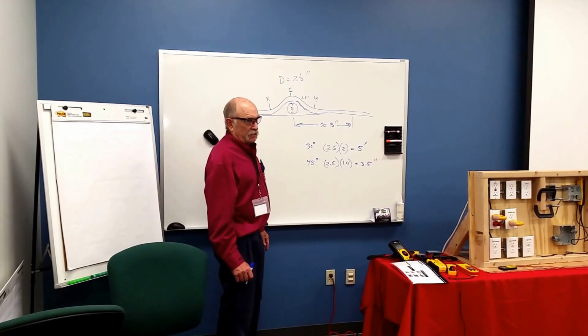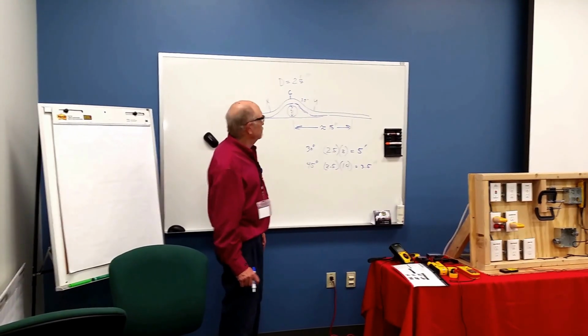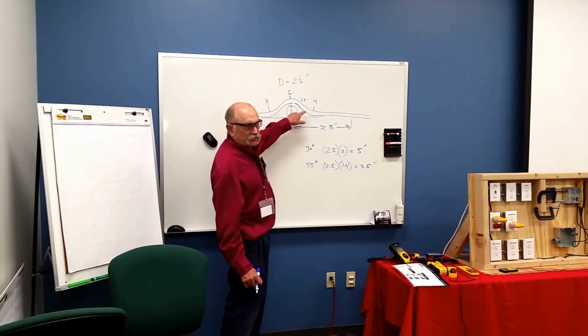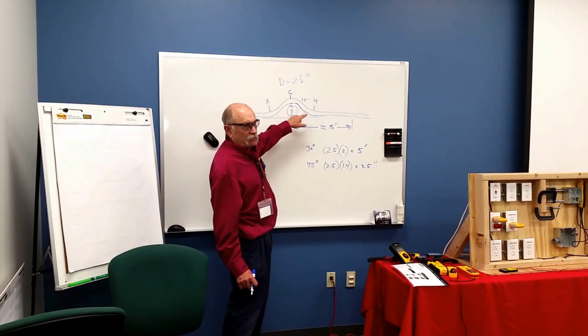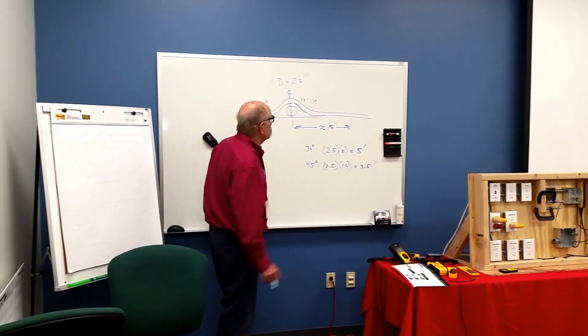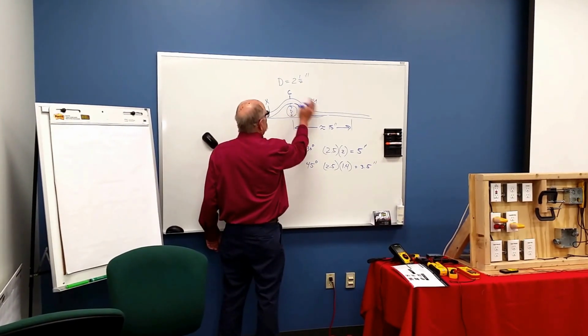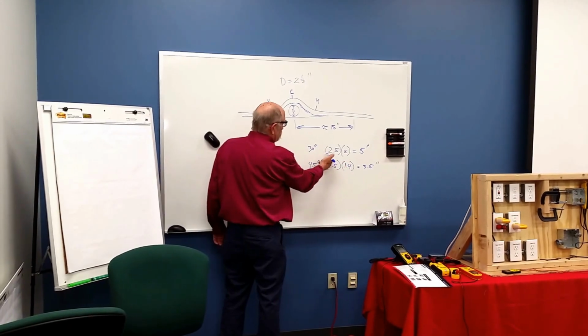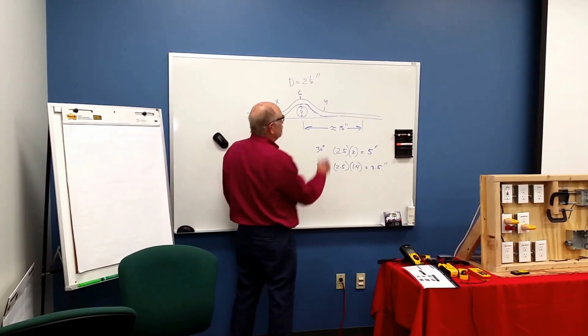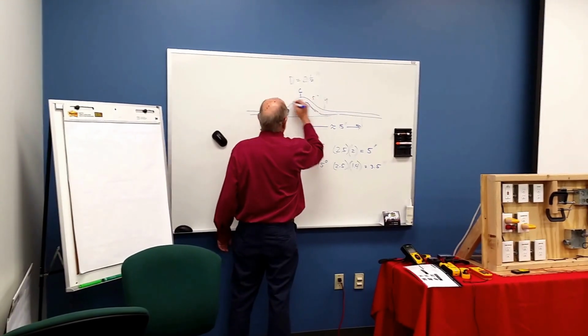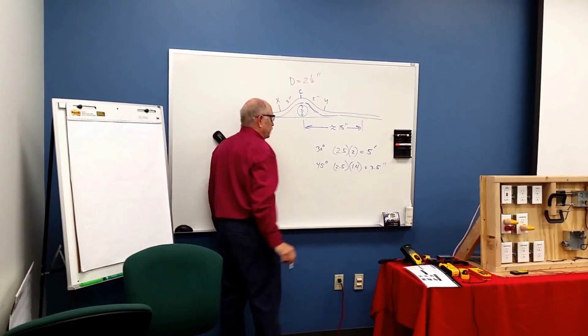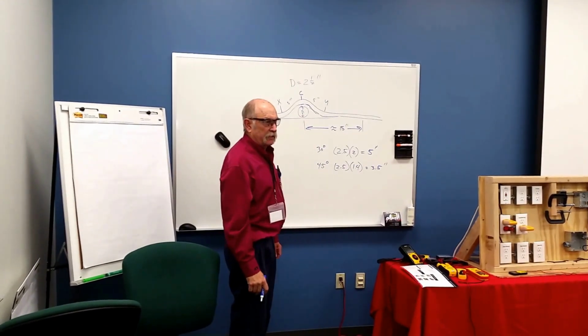You're not gonna do that, are you? Especially if you're using 3/4 inch pipe, right? So in that case, we better go to the 30 degree bend, right? And have 5 inches now between these two. Okay?